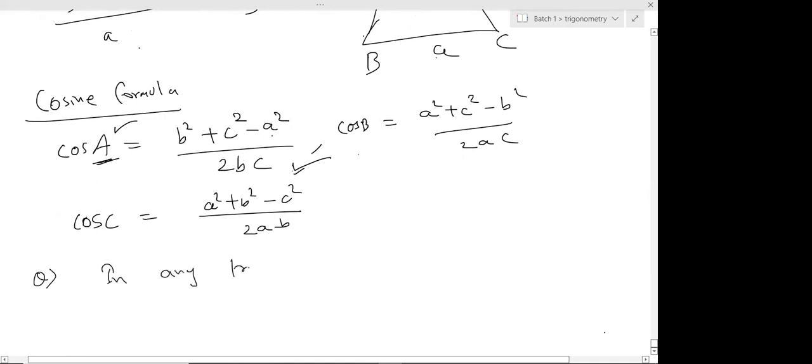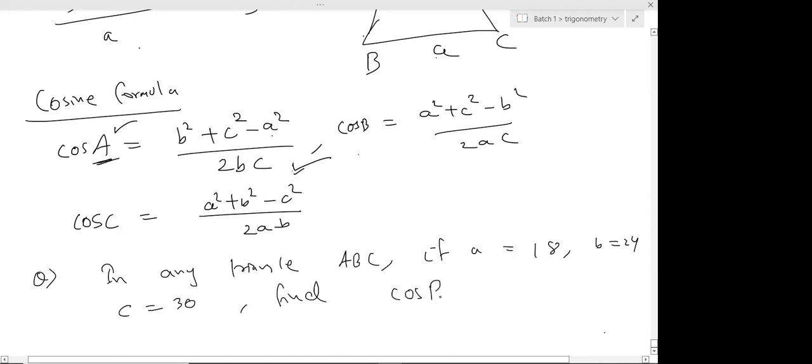In any triangle ABC, if a is equal to 18, b is equal to 24, and c is equal to 30, find cos B. Very easy question.